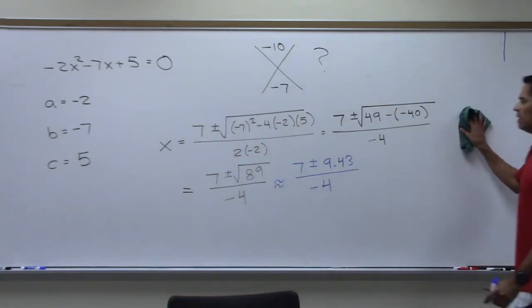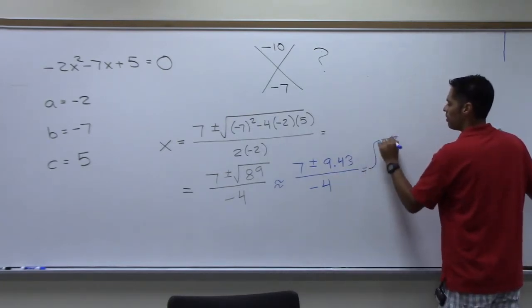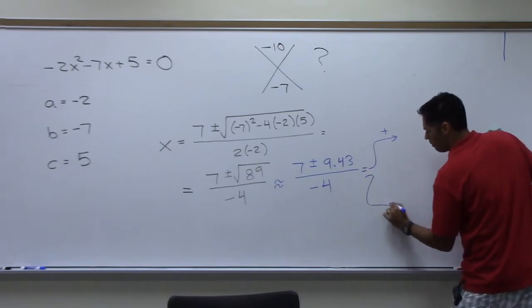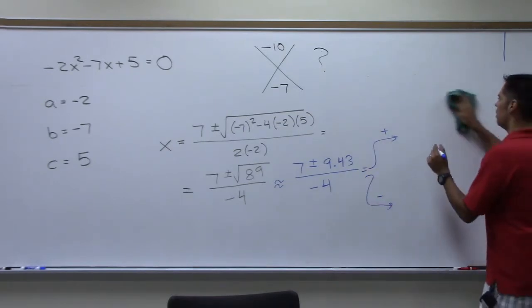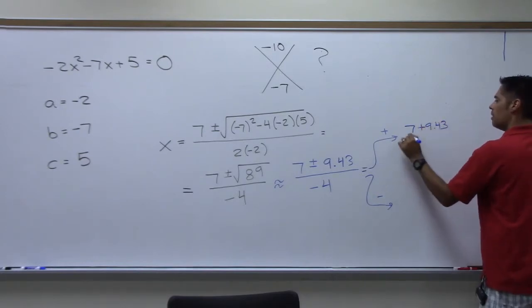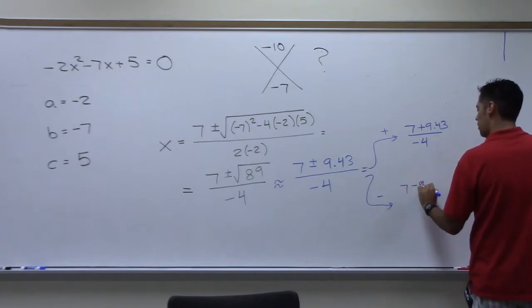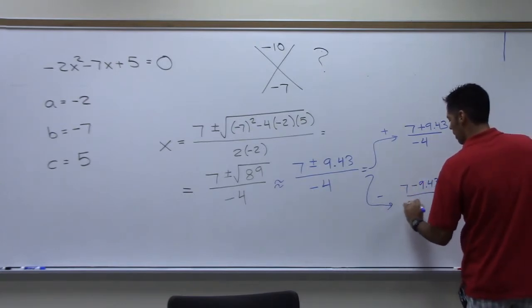Then you split it into two. You do the plus and you do the minus. So 7 plus 9.43 over negative 4, and 7 minus 9.43 over negative 4.